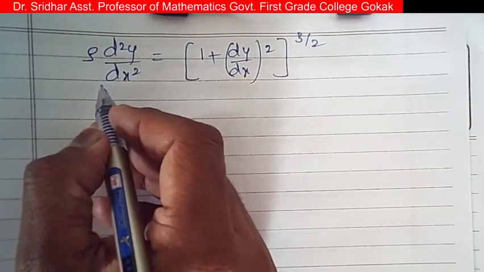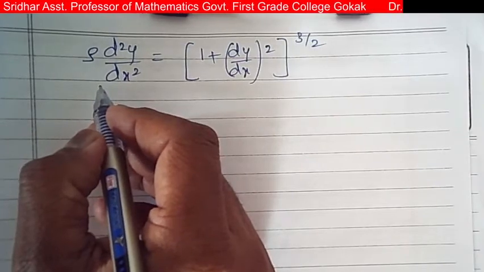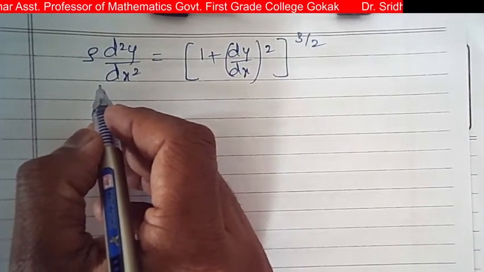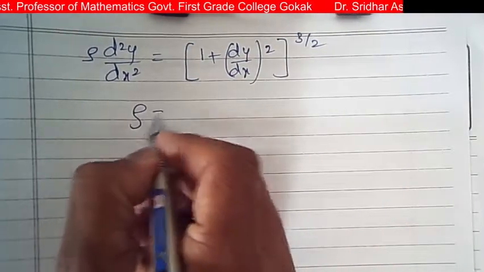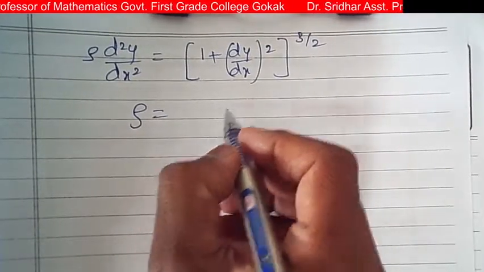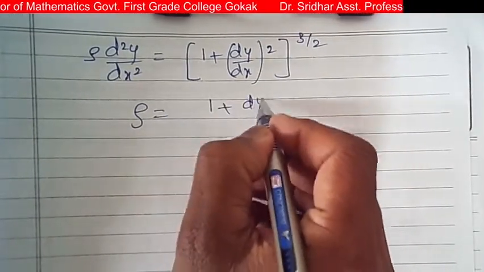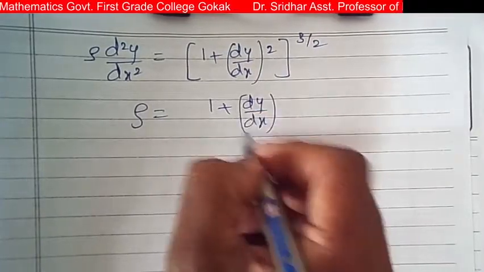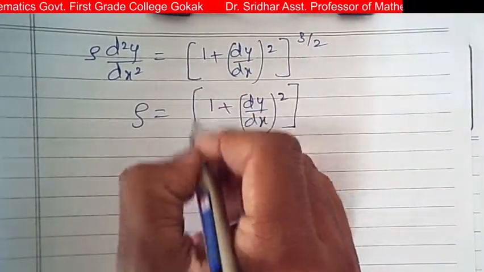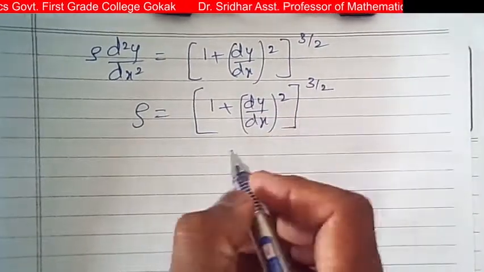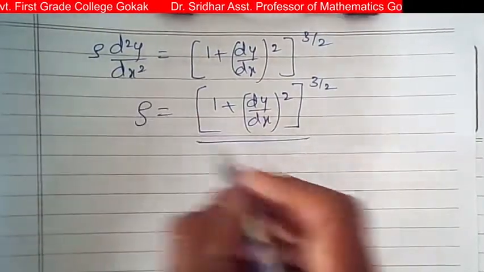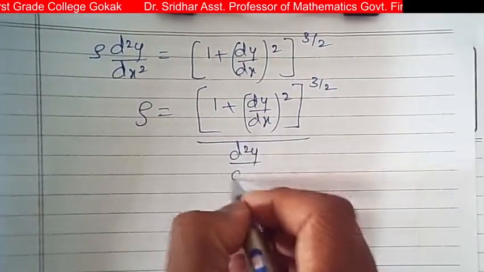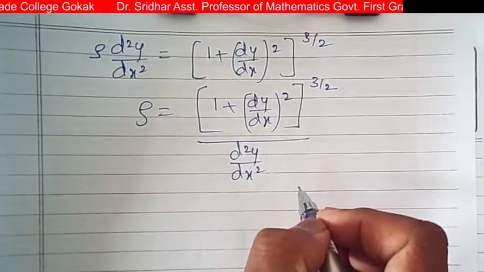What we want is the expression for the radius of curvature. So rho, the radius of curvature, is given as (1 + (dy/dx)²)^(3/2) divided by d²y/dx², which comes in the denominator.